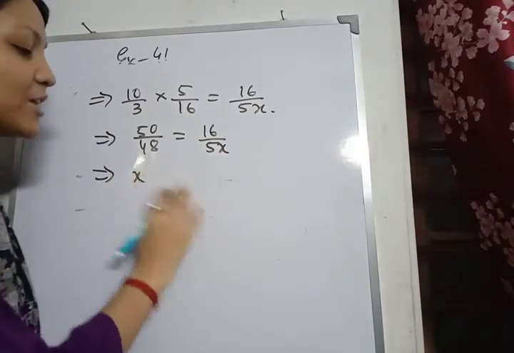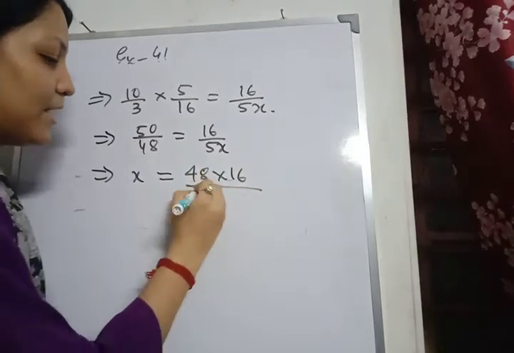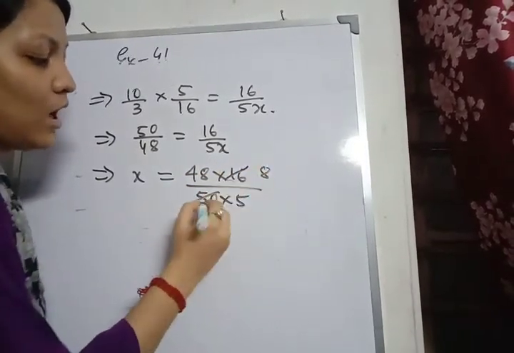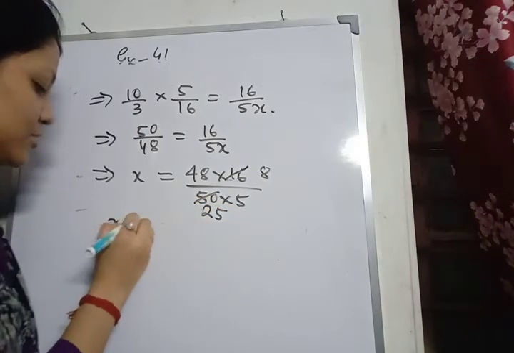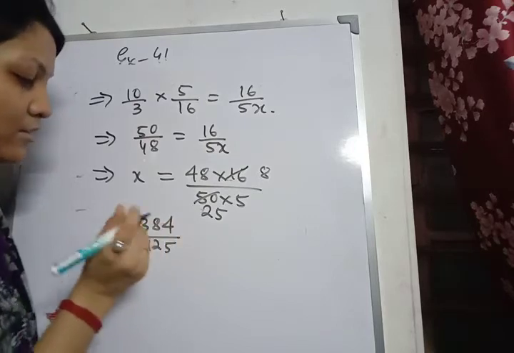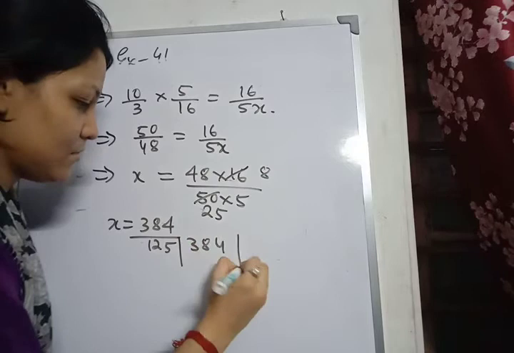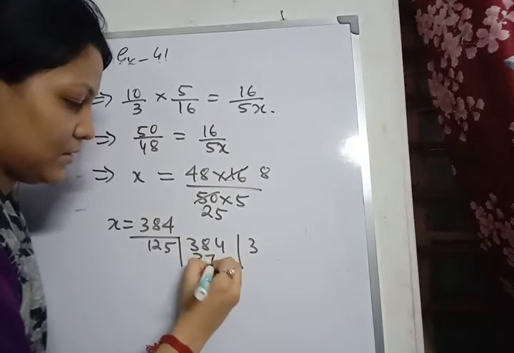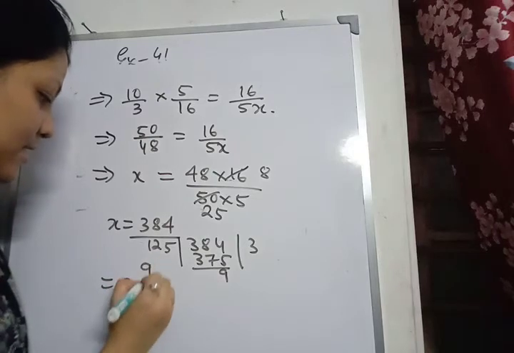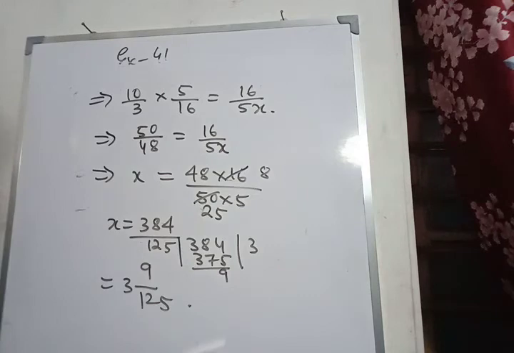On cross multiplication we get x equals 48 into 16 divided by 50 into 5. So 2 8s are 16, 2 25s are 50, x equals 384 by 125, which we can write as 3 9 by 125. So this is the answer.